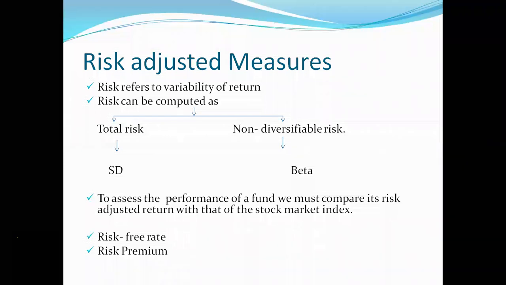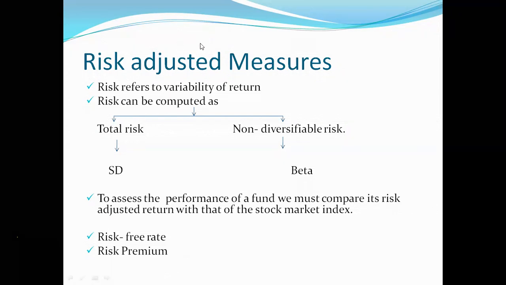Risk premium is over and above the risk-free rate. Because you are ready to take a higher risk, you will be compensated with a higher return. Symbolically, risk premium is expected return minus the risk-free rate. You will get the concept of risk premium in the part on calculation.